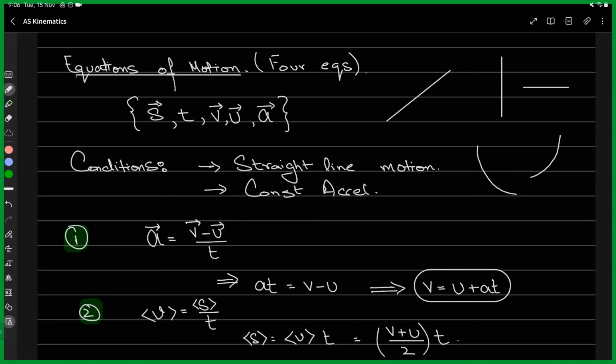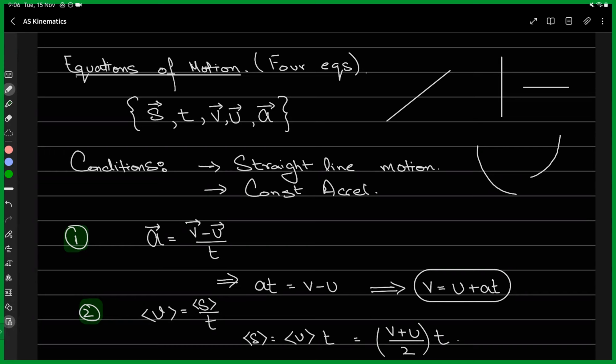So we have four of these equations, and first of all, they are only valid for straight line motion, which itself implies that there is a constant acceleration for that motion. Whatever journey you're considering for the object, you should only be considering the part of the journey where the acceleration is constant.